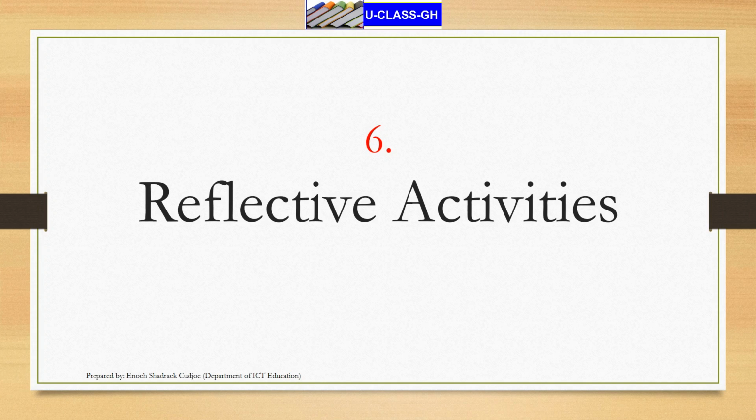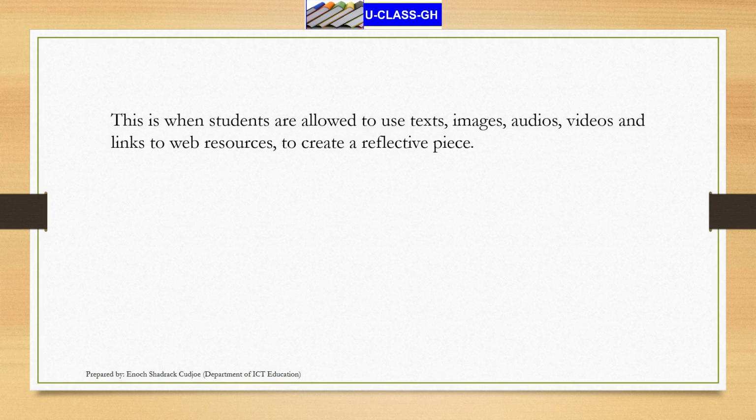The next activity is reflective activities. This is when students are allowed to use texts, images, audios, videos, and links to web resources to create a reflective piece. Now, a reflective piece is something that you can revisit and go through, to see how you did it, when you started, how you started, the processes it went through, and where you ended.